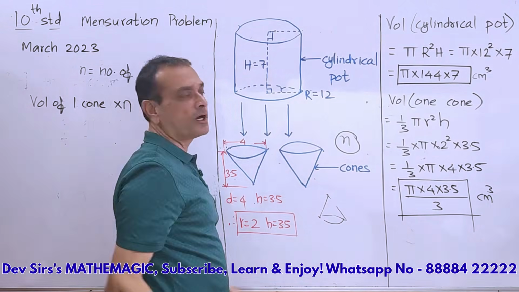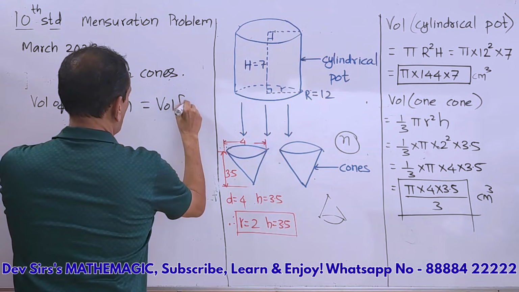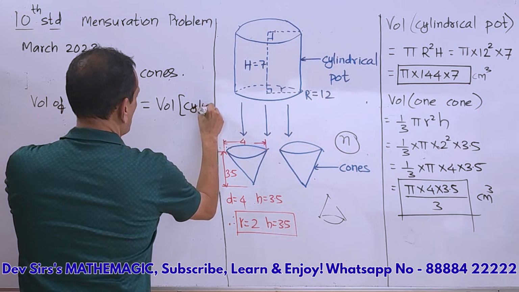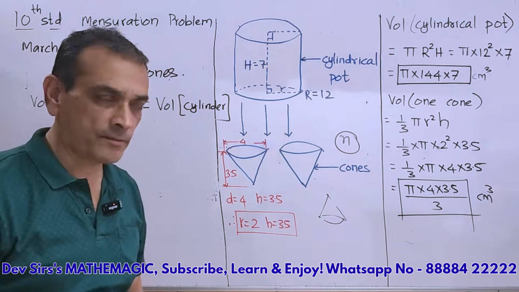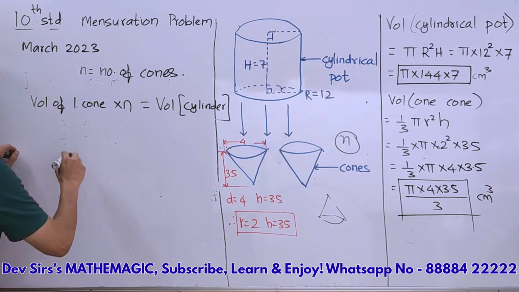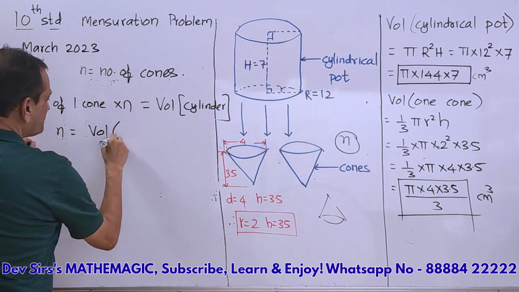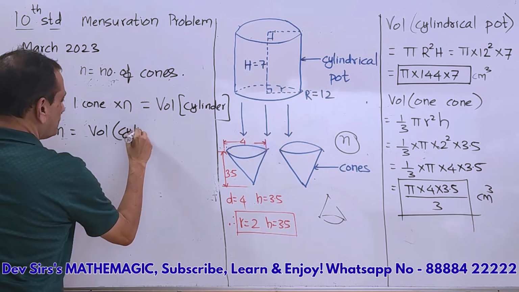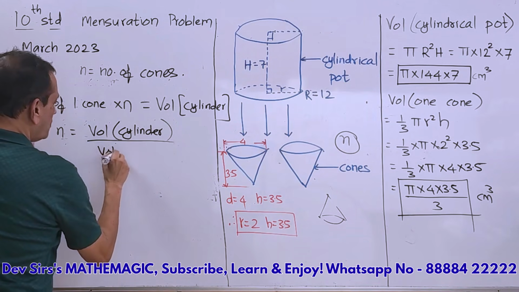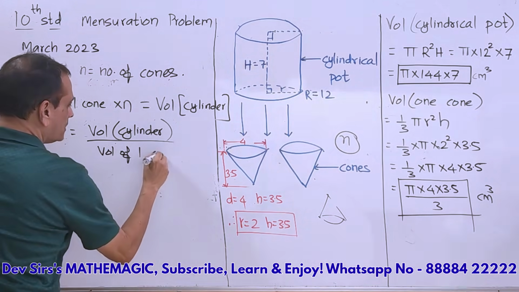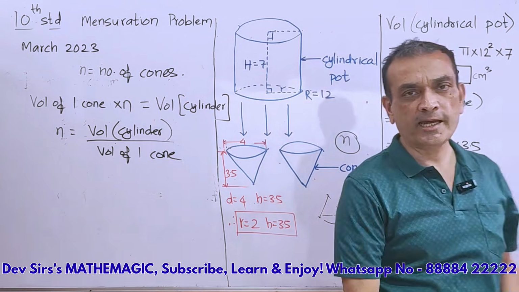That volume is the volume of the bigger object, the volume of the cylinder or cylindrical pot. So our formula turns into, therefore, n equals volume of cylinder upon volume of one cone. That's all friends, you just have to substitute and get the answer. You will get n.